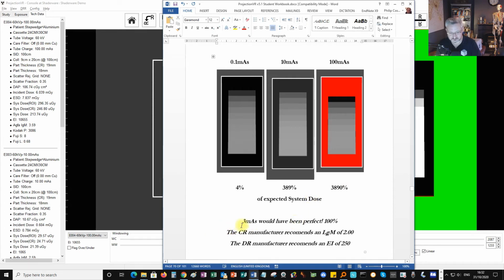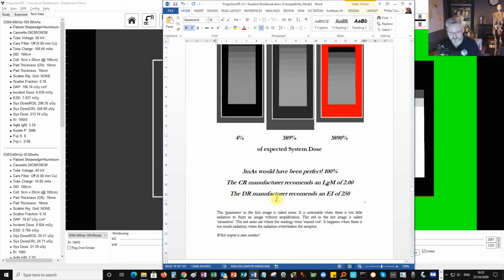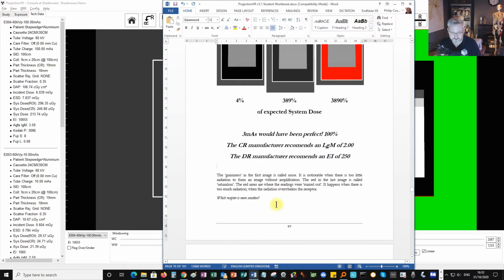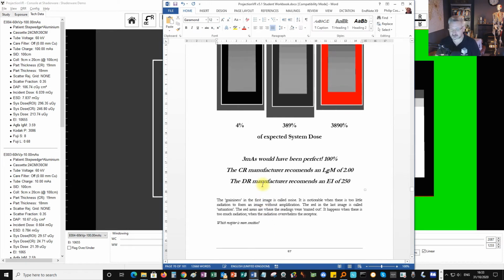So 3 MAS would have been the perfect image with the perfect radiation dose. Different manufacturers recommend a different exposure index. In our system, when we're using DR, the exposure index of 250 is ideal. That's what we aim for. Okay, so that was that lab complete.